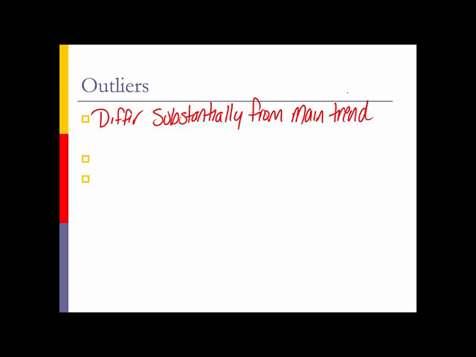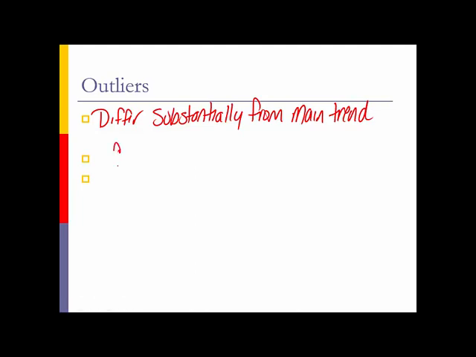Okay, so for the outliers, again, what are outliers? They're data points that differ substantially from the main trend of the data.